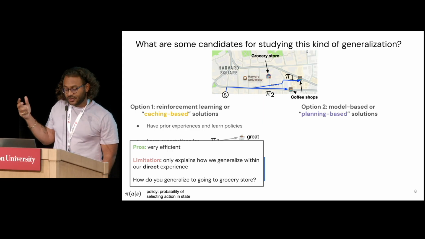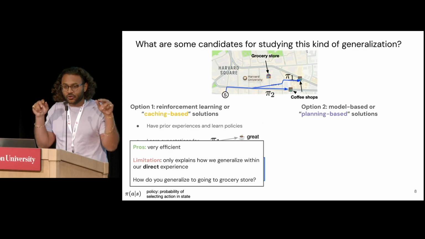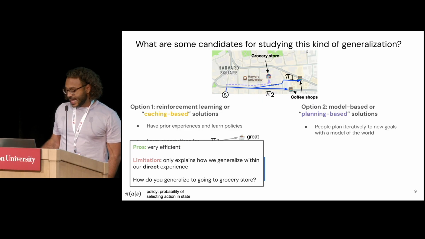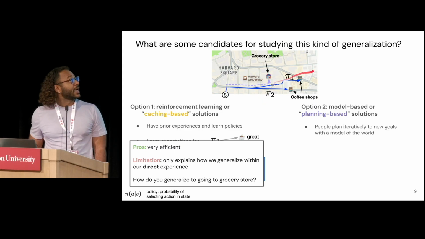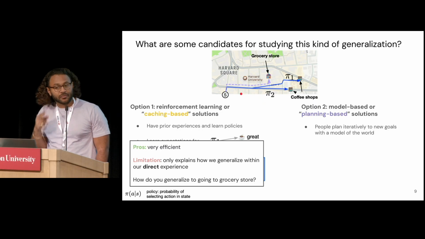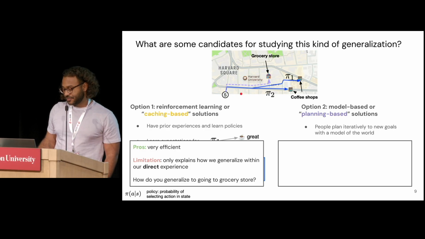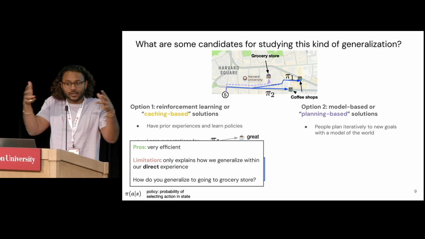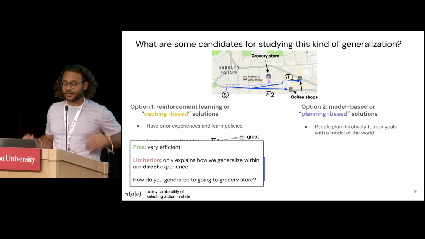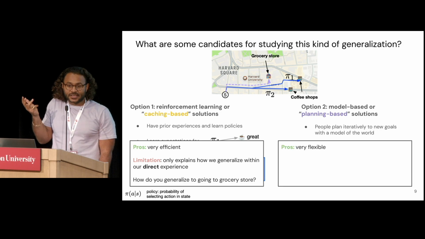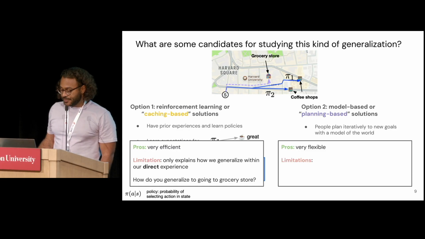The other option is model-based or planning-based solutions. The idea here is that people plan iteratively with some model of the world. You imagine going to the grocery store, and if you have a good enough model of the world, you can make plans to arbitrary things. So the pro of this is that it's very flexible, but the limitation is that it's very expensive.